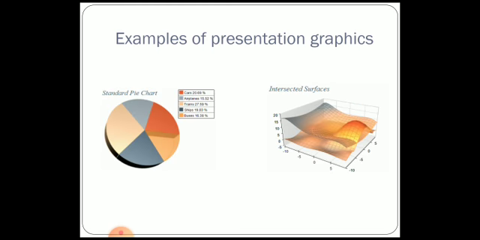On the left hand side we have a standard pie chart and then some intersected surfaces. So these are different types of presentation graphics which will make the presentation of information more appropriate, much easier, and much more comprehensive. So presentation graphics play an important role in how you present the information.